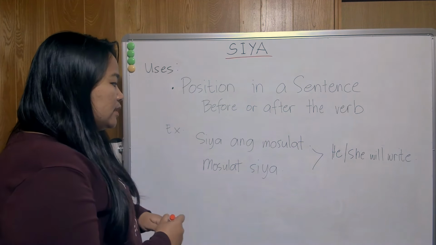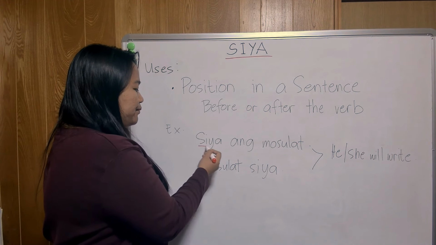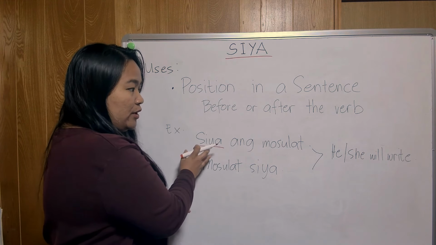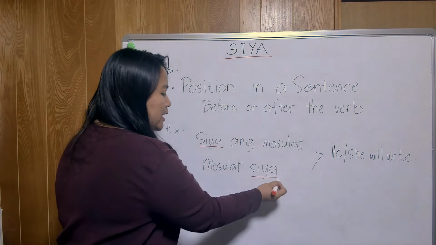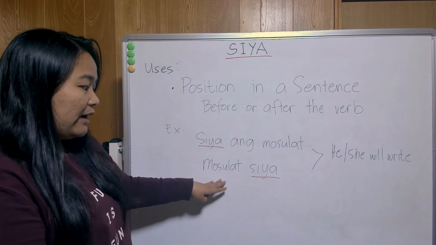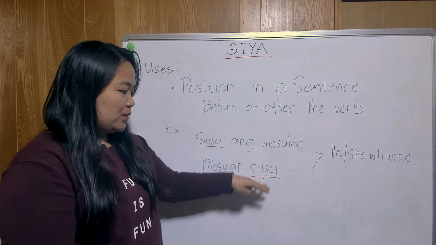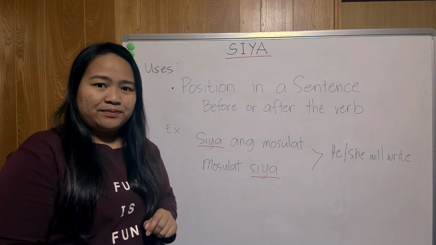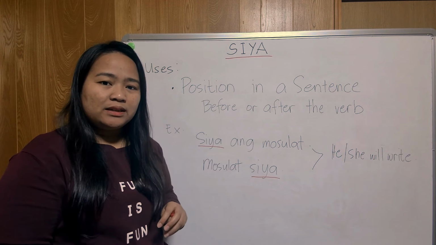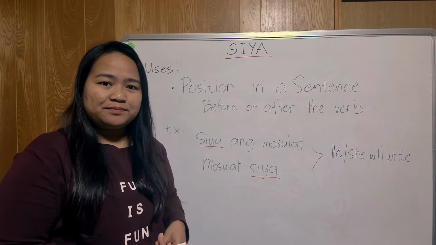So here, siya is before the verb mosulat, and siya here is after the verb mosulat. So both are correct. Siya ang mosulat or mosulat siya.